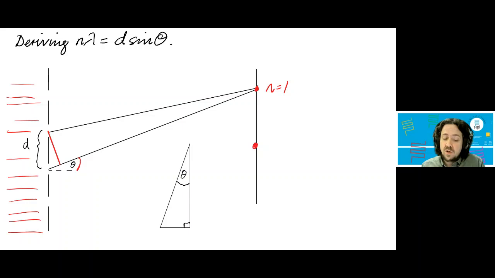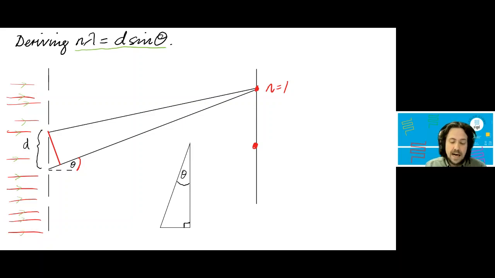One of the things you need to do, though, is to be able to derive this formula up here: n lambda is equal to d sine theta. And we're going to give that a go now. To derive this equation, it's all in the setup. If I'm honest, it's all in the drawing, like the drawing I've done here. If we've got light hitting our diffraction grating, the diffraction grating, don't forget, is a series of many, many small slits.